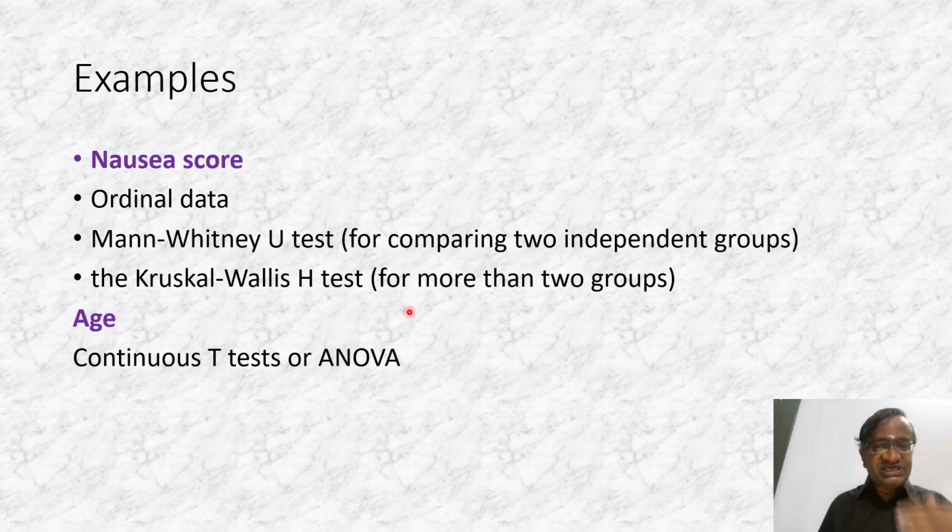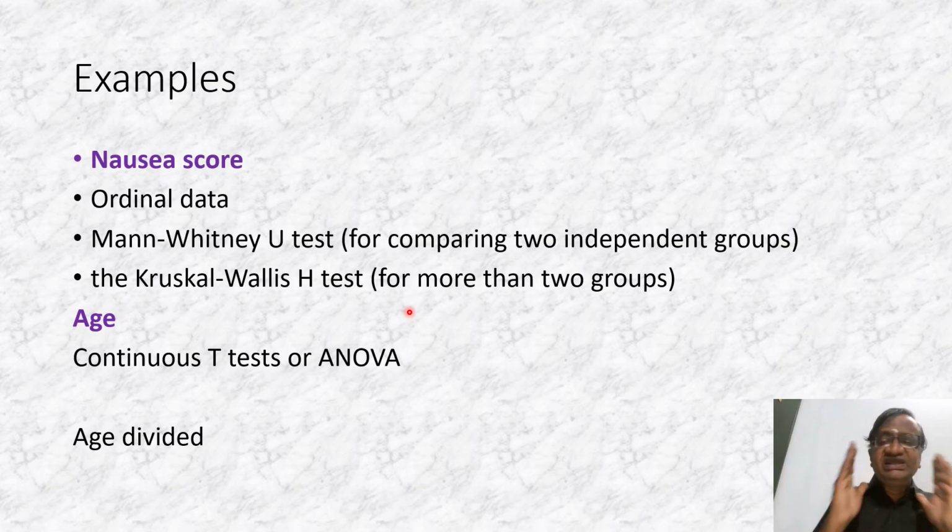Age, continuous: t-test or ANOVA. Mean age is 35.5 plus or minus 2.5. This is t-test. 3 groups means ANOVA. When the age is divided, for example, 100 people, out of which 0 to 18 is 22, 19 to 45 is 35, and above 45 is the rest.